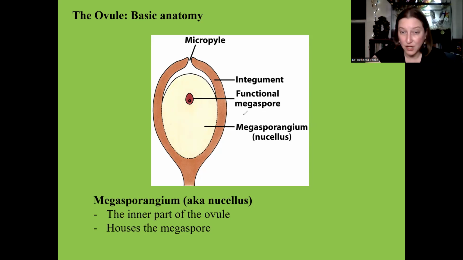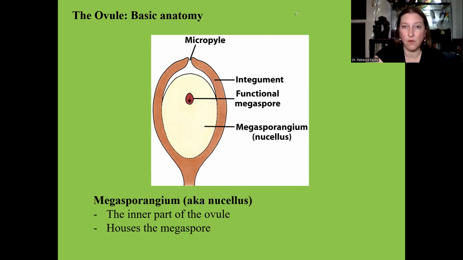That megasporangium is going to give rise to spores, right? Megaspores. But when we get to the ovule, only one spore will survive, and that spore we call the functional megaspore. So that's what's shown here in red in the middle. And then surrounding that are these layers.